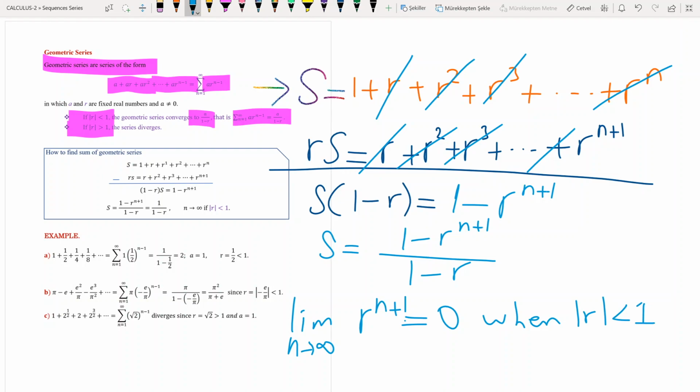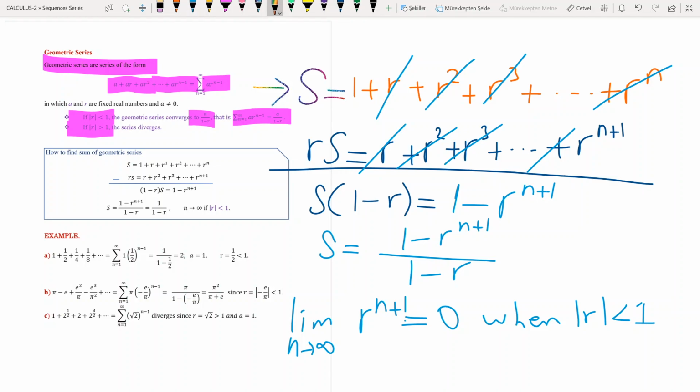Just for example, if r is 1 over 2, the limit of 1 over 2 to the power n or n plus 1 becomes 0, since this term will go to 0 finally.